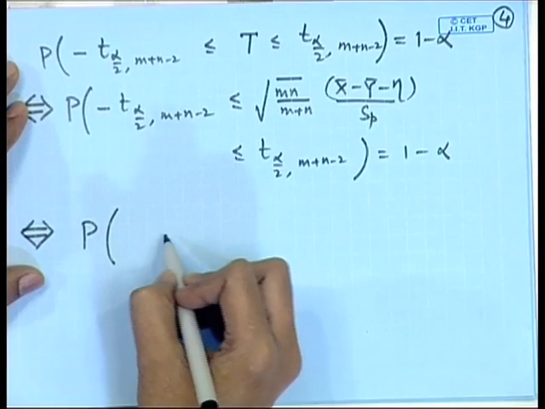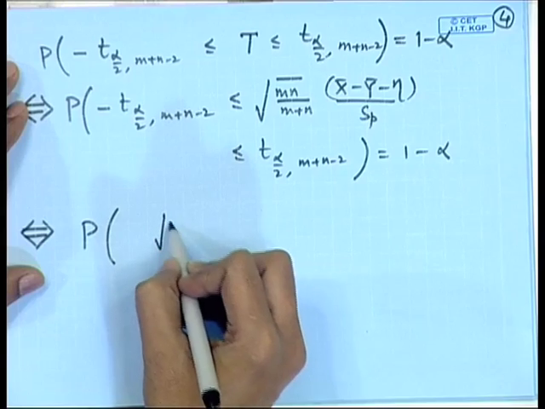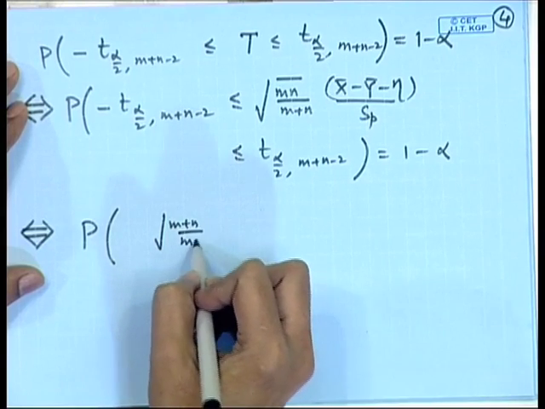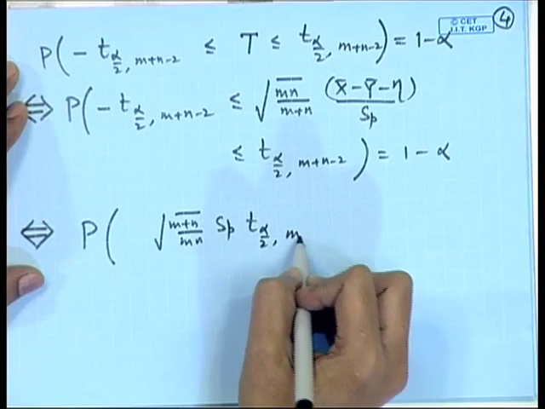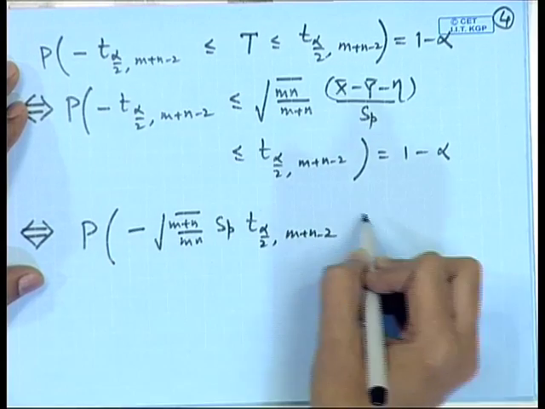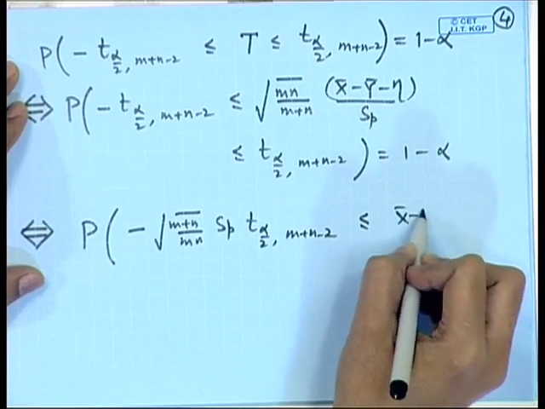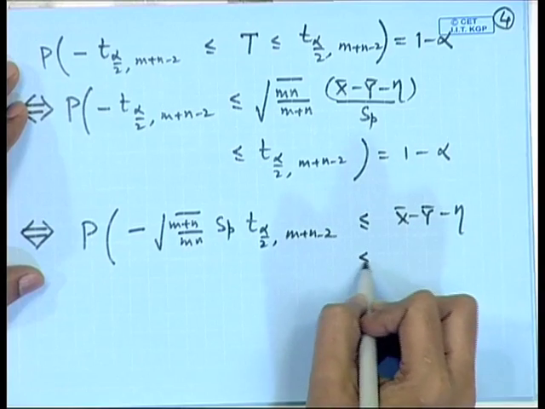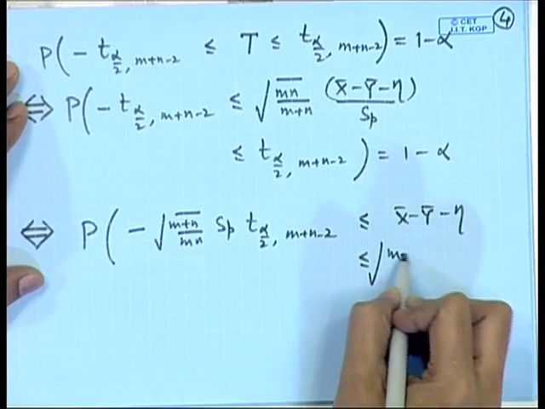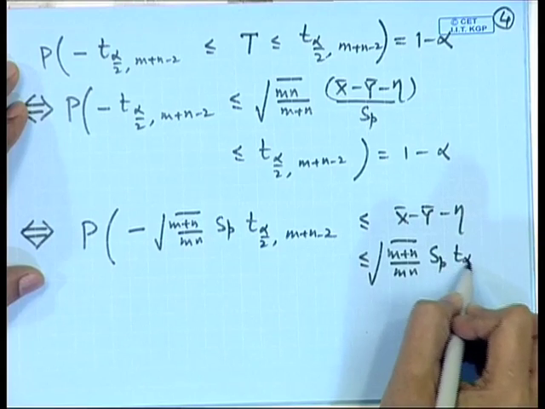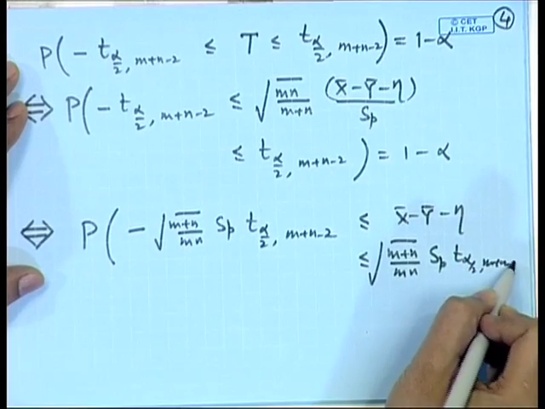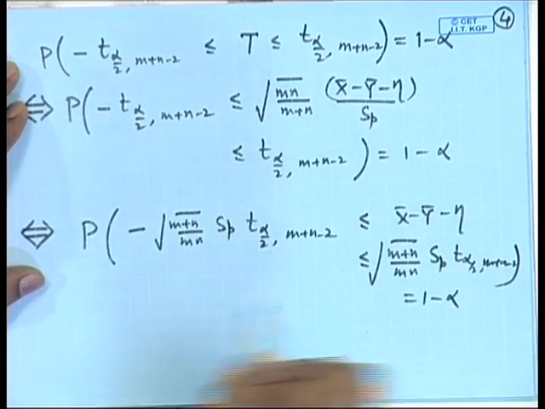So, this is equivalent to minus root m plus n by m n, s p, t alpha by 2, m plus n minus 2, less than or equal to x bar minus y bar minus eta, less than or equal to square root m plus n by m n, s p, t alpha by 2, m plus n minus 2, that is equal to 1 minus alpha.